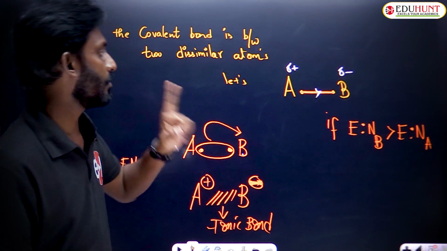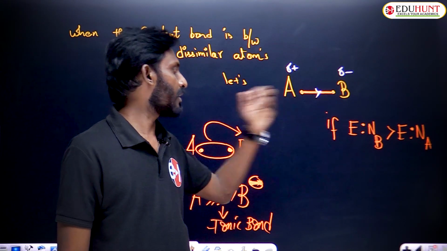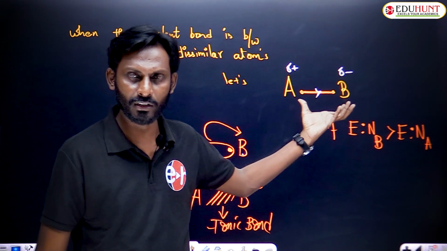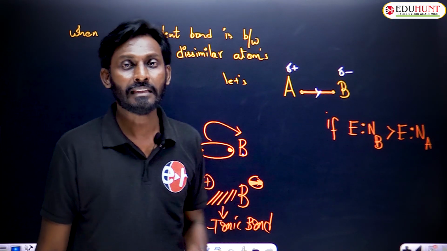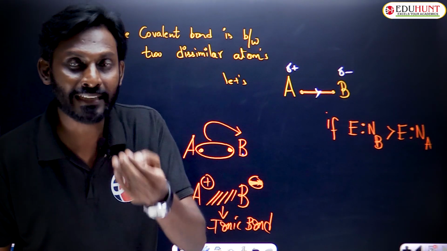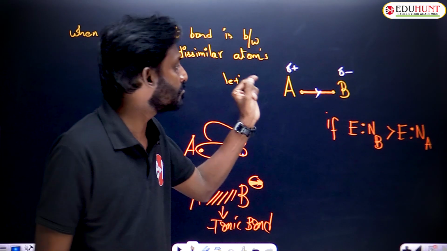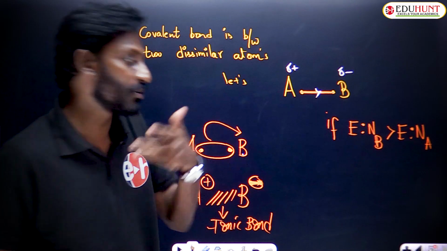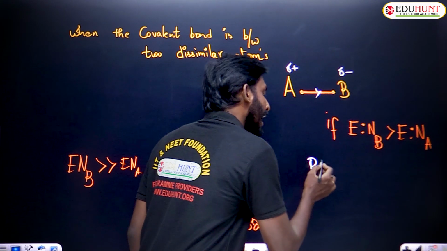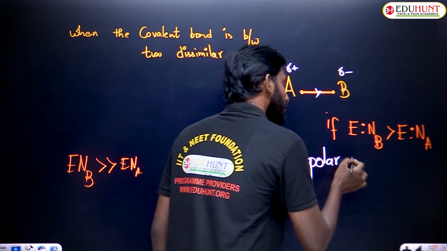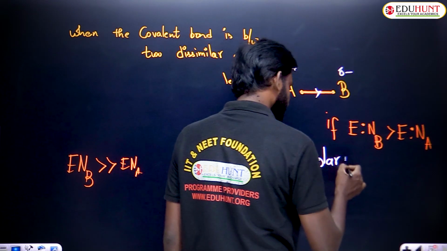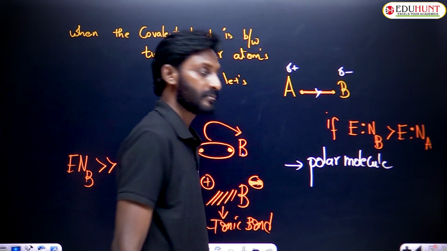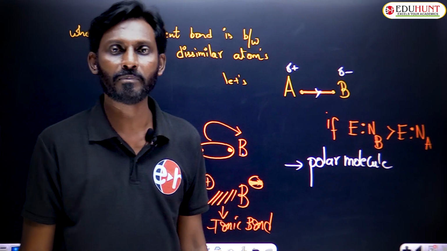Okay, now by this concept, what you observe is this molecule, you call it AB molecule, has some polarity developed. Now this molecule is not a normal molecule. You can call this molecule a polar molecule, because there is some polarity developed.